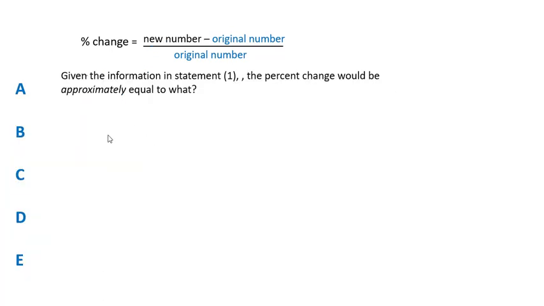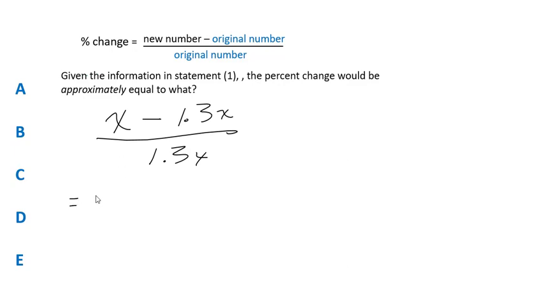With regard to statement one, suppose we had to estimate, well, what would be the percent change approximately? So we'll write it up here. The new number minus the original number, times X, over the original number, 1.3X. On the top, let's factor an X out of the numerator.